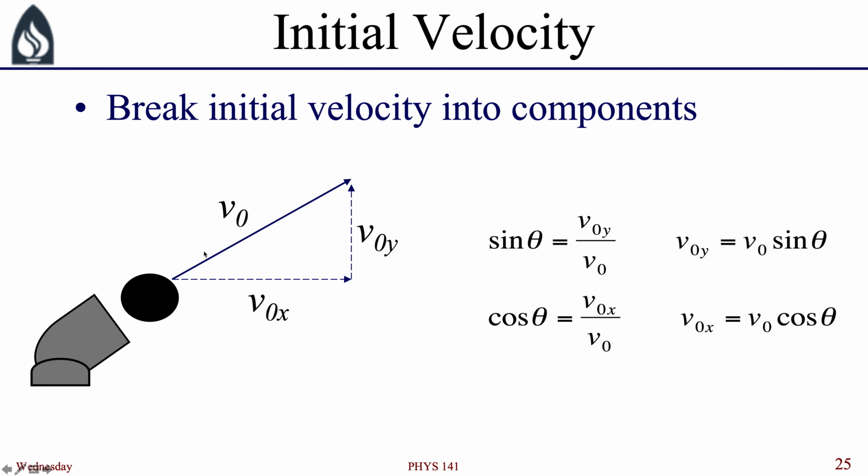And if that is the case, then we will need to break this motion into x and y components by using trigonometry. So if the angle is the launch angle, then as you can see here, we can use the sine of that launch angle to figure out what the y component of the velocity is, and the cosine to figure out what the x component of the initial velocity would be.